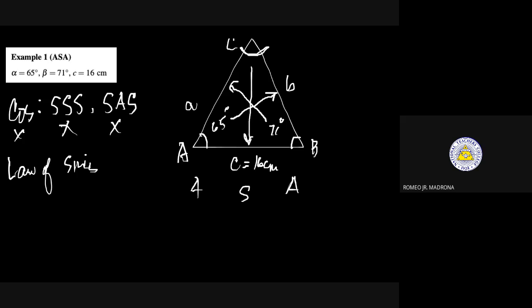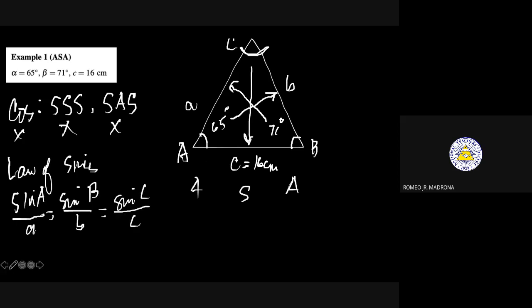So, let's write down all the formulas itself and let's substitute the values. So, we have sine A over a is equal to sine B over b is equal to sine C over c. Ano nga bang A natin? Sige, change natin ang color. Again, guys, if you have question, let me know, ha?